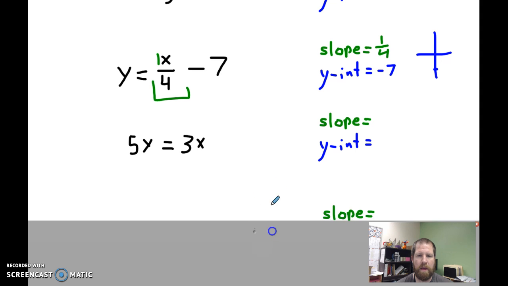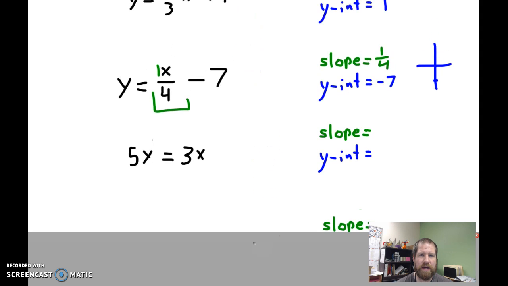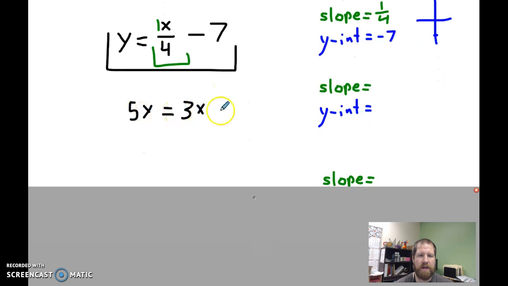Okay. All right, so now we're getting into equations that are not starting in slope-intercept form, right? This equation starts in slope-intercept form. I have y equals something times x, minus or plus something. Okay, now it's a little bit different. Okay, my y is not alone.